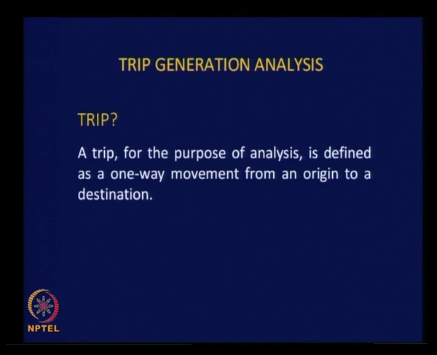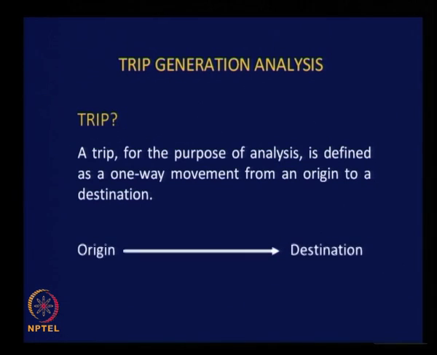A trip for the purpose of analysis is defined as a one-way movement from an origin to a destination. One-way movement from an origin to a destination. To show the same thing pictorially, this is what we mean by a trip.